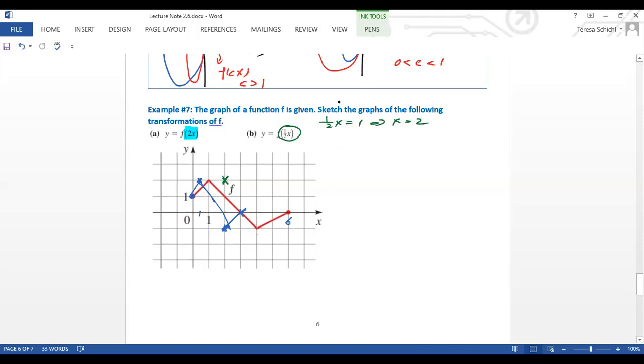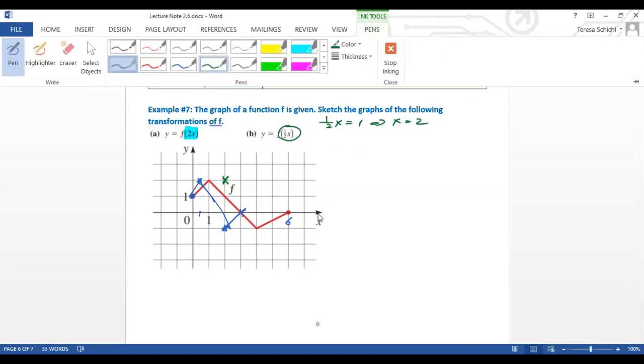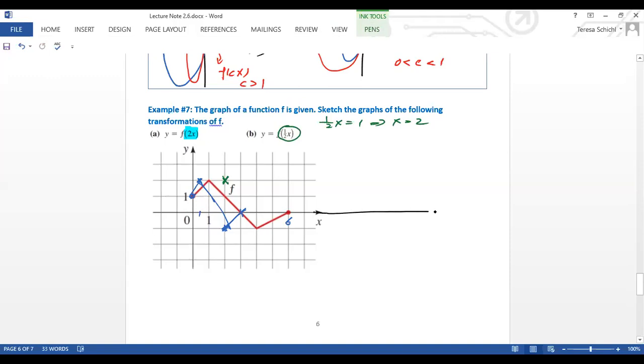So I need to expand this axis a little bit longer. This is 6, 7, 8, 9, 10, 11, 12, 13. So this is 12, and this is 8. Now let's look at the second point here, which is 4.